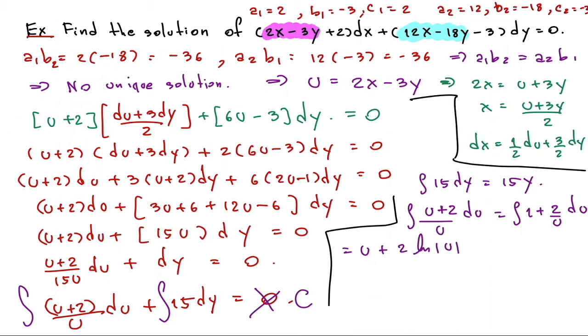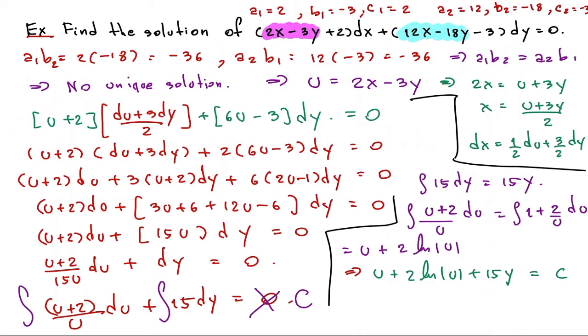Make sense? So the solution is u plus 2 log absolute u plus 15y equals c. But u is what?